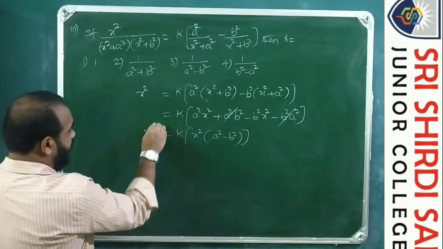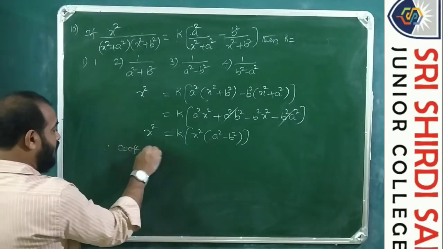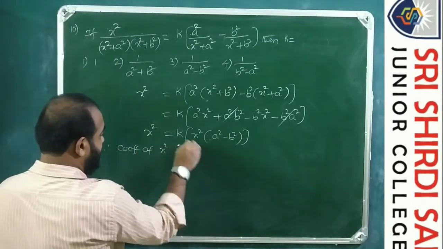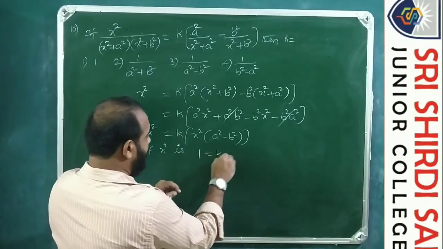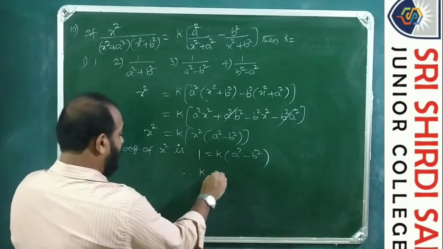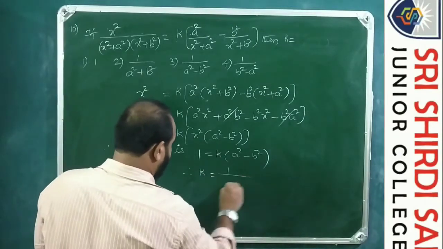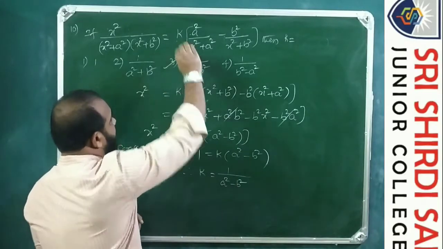This is equal to x square. So therefore the coefficient of x square, the x square quotient is 1 here, the x square quotient is k into (a square minus b square). Therefore the value of k is equal to 1 by (a square minus b square), the option number 3.